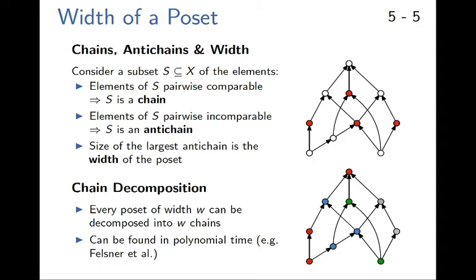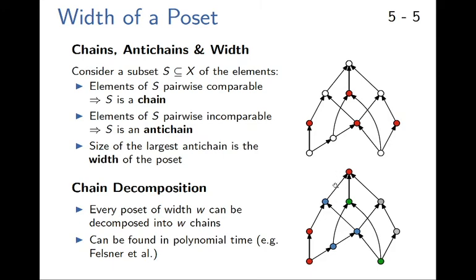So it is doable, and we assume in many of our results that such a chain decomposition is given, and this chain decomposition is of course not unique. For example, I can make this blue vertex red, and it's still a proper chain decomposition.